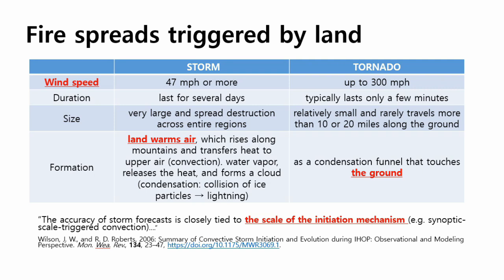One of the main differences between the storm and tornado would be wind speed. The tornado's wind is much stronger than the storm. However, the storm will last longer than the tornado, and the storm is much larger than the tornado.